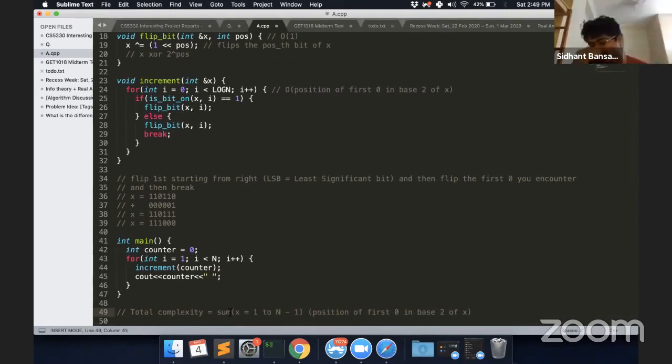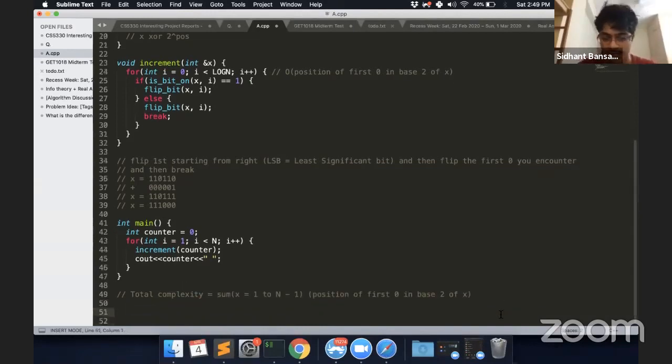We are trying to solve this: what are the positions of the first 0 bit in different x's, and what is the sum of those positions. Everyone gets what we are trying to solve here, and why. I'll later show that this actually comes out to be order n. But what I want to show is that the complexity is actually this thing. That's the important part. That's the first part of the question at least. Any doubts, you can just put them in the chat.